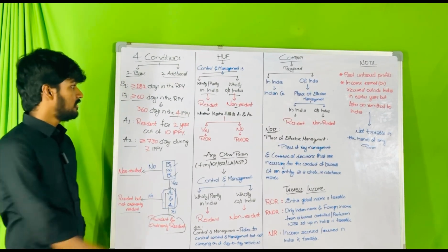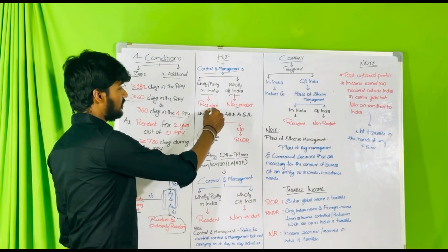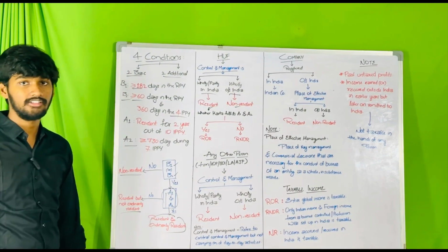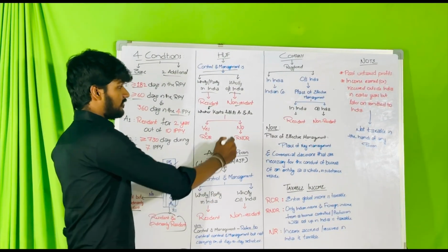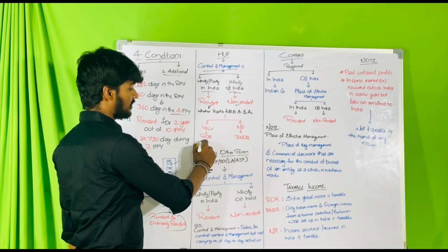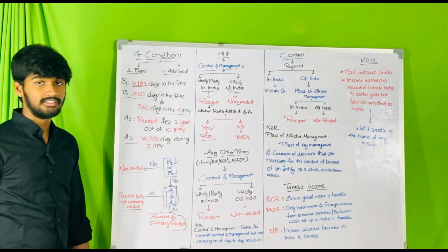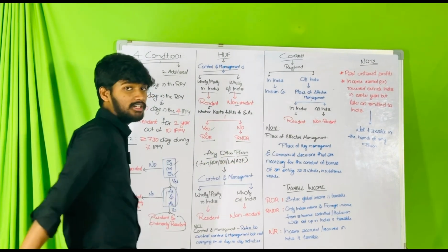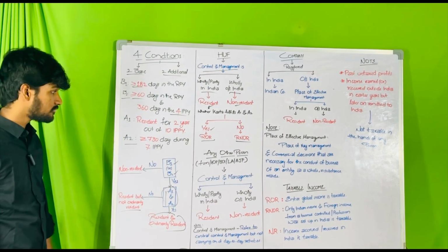So if the HUF is resident, then we have to check whether the Karta fulfills both the additional conditions or not. If the Karta satisfies both, then he is considered to be ROR. But if he does not satisfy any one of the conditions, he will be resident but not ordinarily resident.